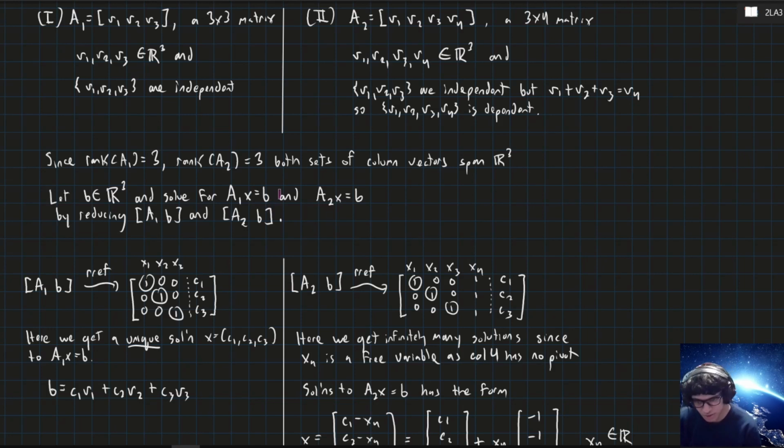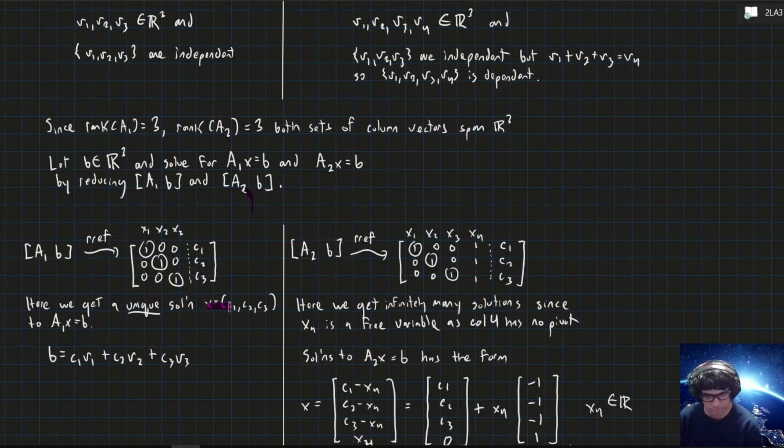If I look at this matrix here, A1 times x equals b, what I could do to solve for x is compute the inverse of A1, and then multiply both sides of this equation by the inverse of A1, and I'll have isolated x, and I'd get the solution using that method.